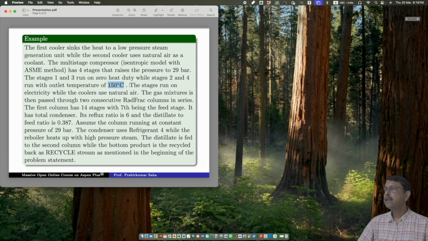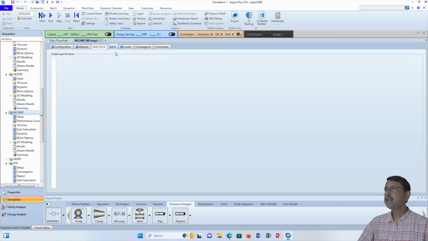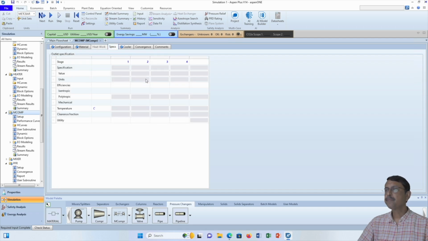Now the stages run on electricity while coolers use natural air, right? So again, the utility, this is air, this is air, this is air, and this is also air. Okay. But the stages themselves use electricity.